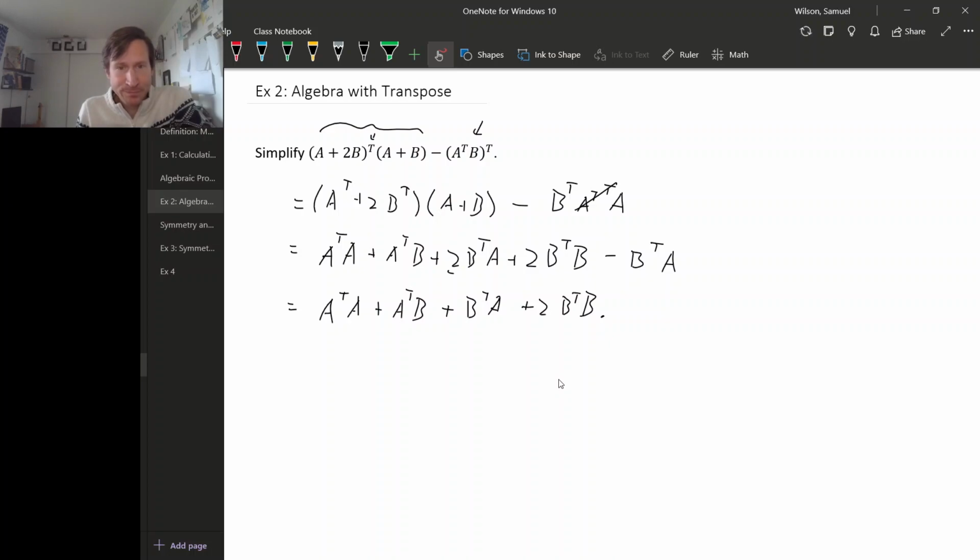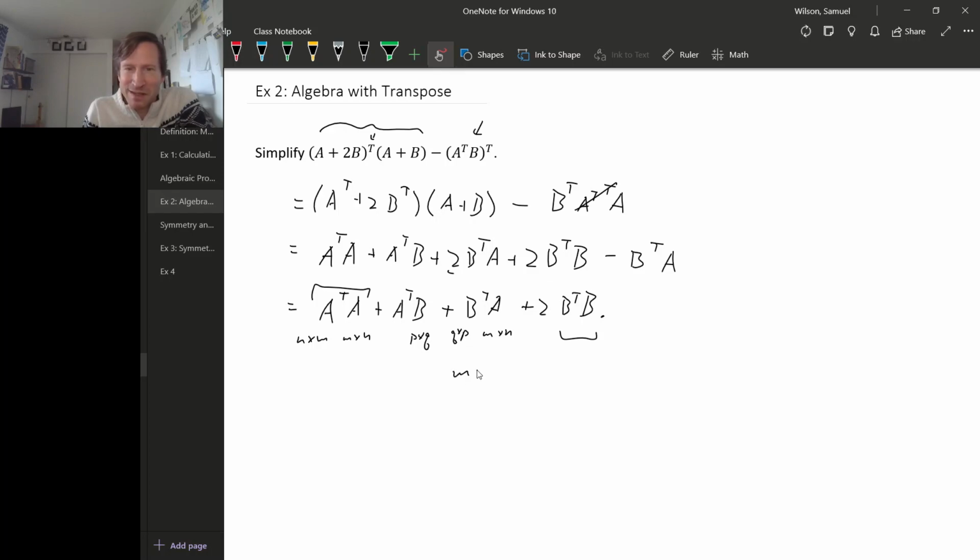All right. Of course, because of all the products in here, not every size of matrix would make this expression make sense. So if A is m by n, A transpose is n by m. So actually this term doesn't matter what size A is. This A transpose A term will always make sense. Same thing for B transpose B. But if A is m by n and B is, let's say, p by q, so B transpose is q by p, and so that means m has to be the same as p.